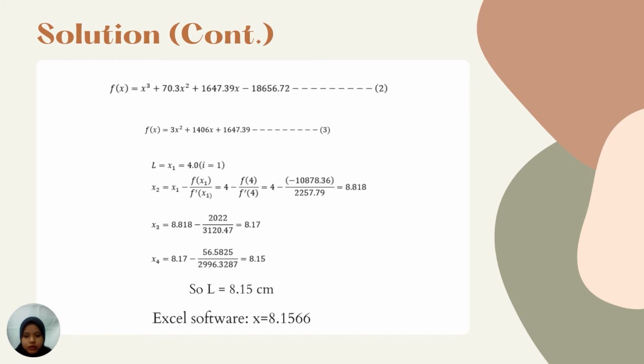So we may thus conclude that the marked line of 500 milliliters for the measuring cup in the figure is located at the length L equal to 8.15 cm from the bottom of the cup. So we find the subsequent estimates of the root of equation 3 rapidly converging.